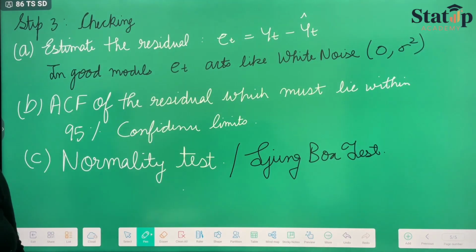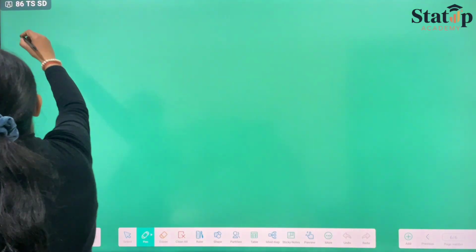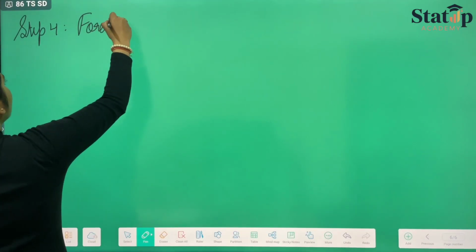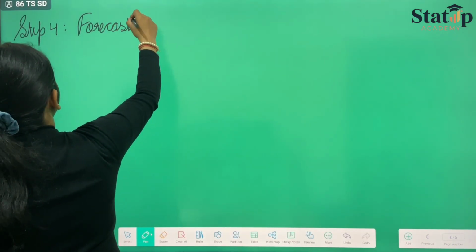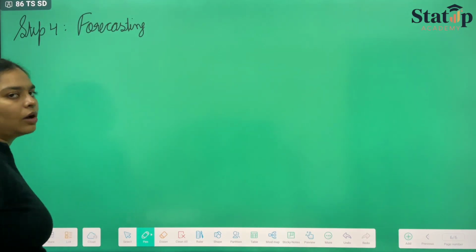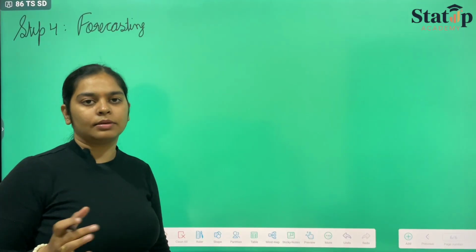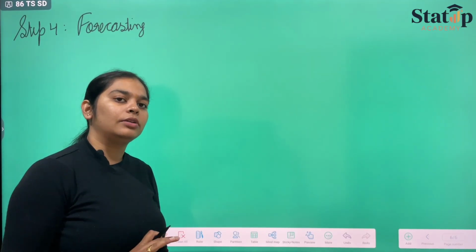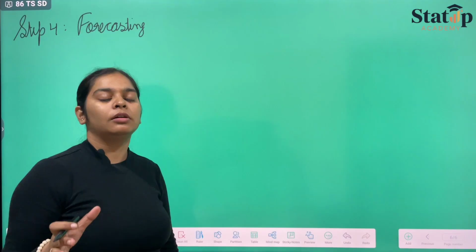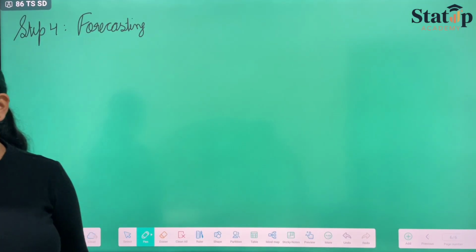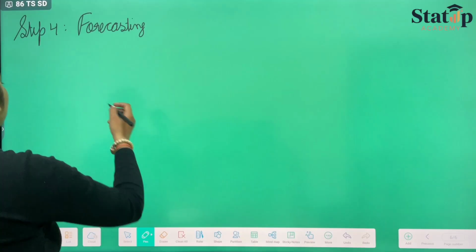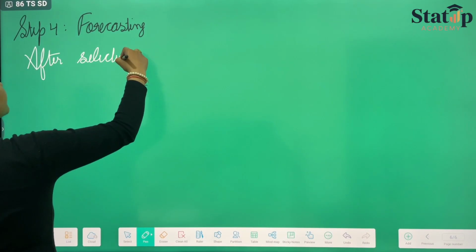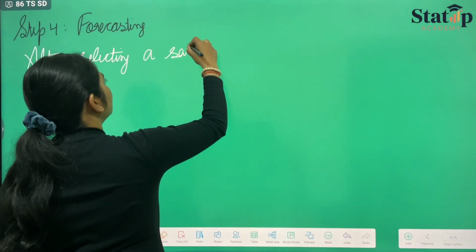Now the fourth step would be forecasting. Now that we have estimated the values and checked the parameters of our model, we put all the estimated values in the model and get a final, satisfactory model.